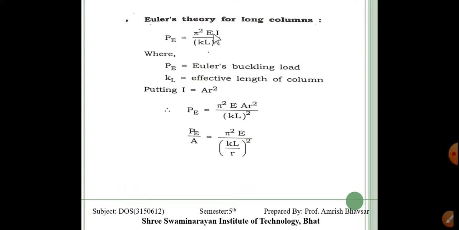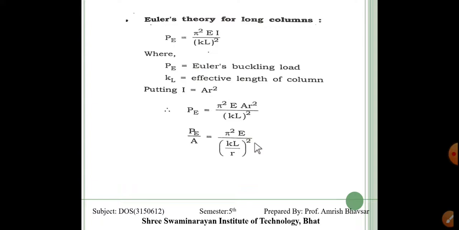We know what is a longer column, what is a short column. We have studied in SA1. For the short column and for the long column, Euler has given us different equations for the position of buckling.